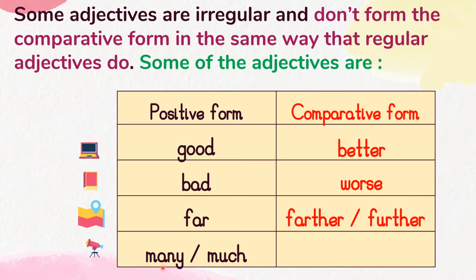Many is for the things that you can count. 1, 2, 3, 4, 5, 6, 7, 8. For example, students, pupils, books, things you can count. But much is for things that we cannot count. For example, oil. What else?